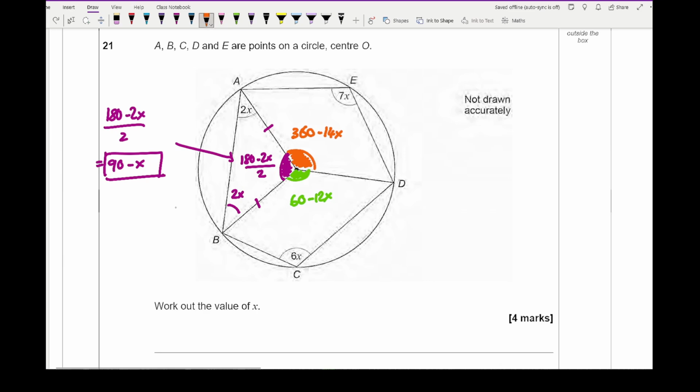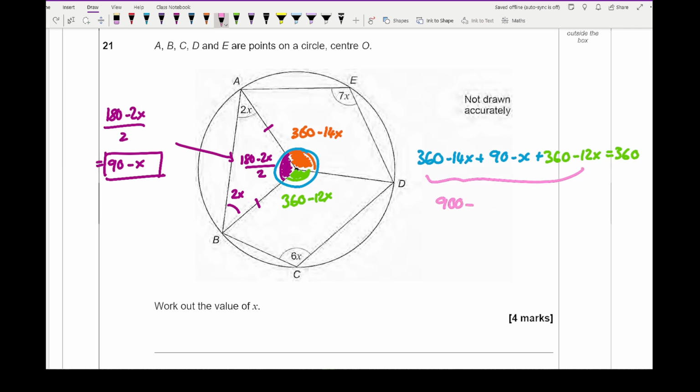So using all of this, what we know is 360 minus 14x plus 90 minus x plus, that should be a 3 there, let me just add that 3 there, plus 360 minus 12x equals 360. So from this, let's simplify and collect the like terms, in which what we end up with is 900 minus 30x, and that equals 360.